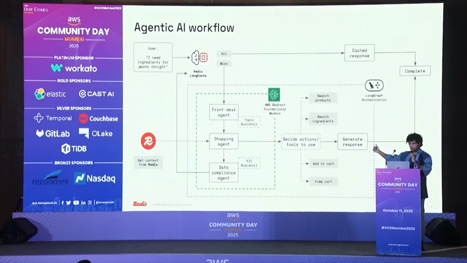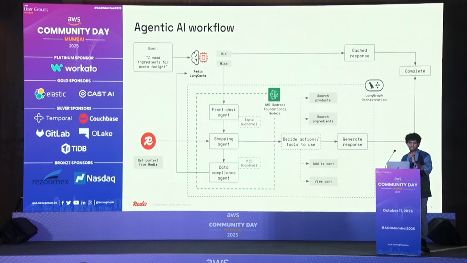And this is the architecture diagram that I use for this particular product. You just saw it working. Notice that every query here follows a cache-first pattern. Before we do any expensive AI processing, we're checking in Redis LangCache. Redis LangCache is, by the way, semantic caching as a service offered by Redis.